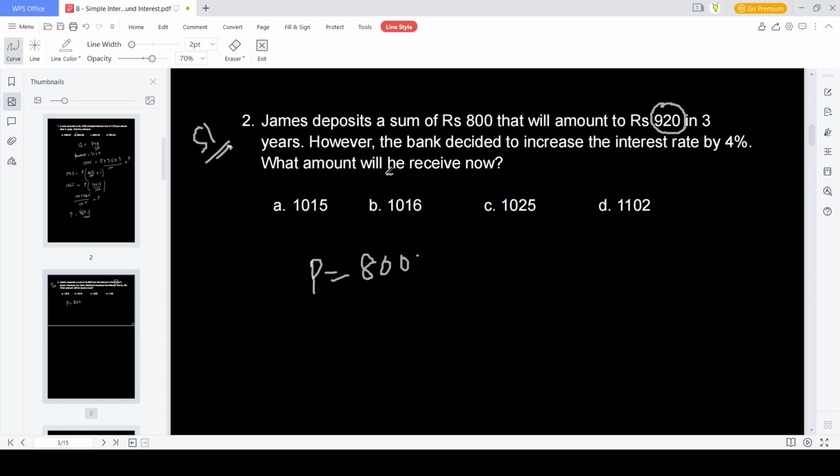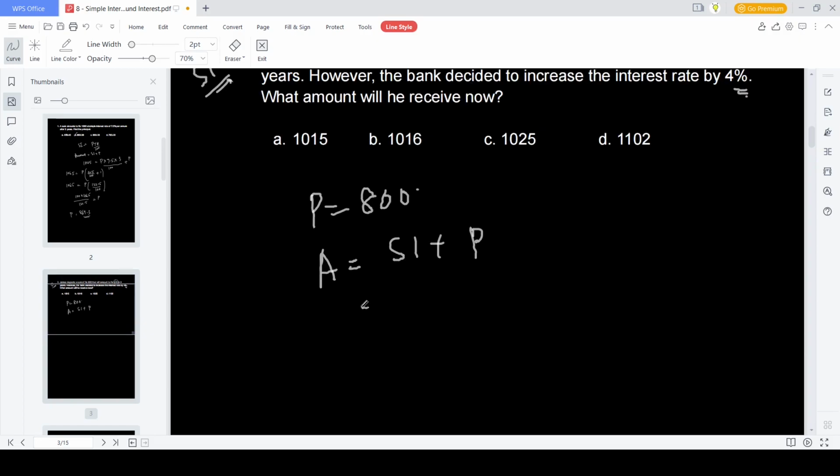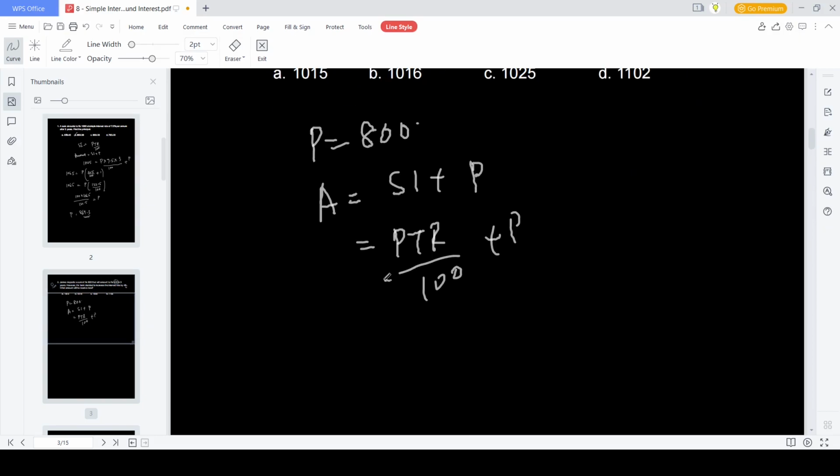However, the bank decided to increase the interest rate by 4%. So we have to first calculate how much the old interest rate was. Amount is equal to simple interest plus principal. Simple interest is PTR by 100, plus principal. The amount would have been 920.